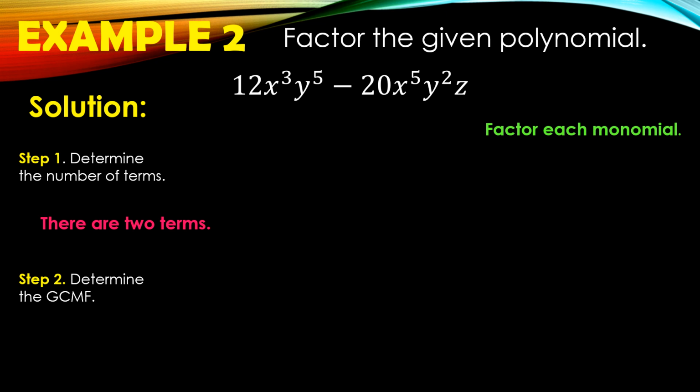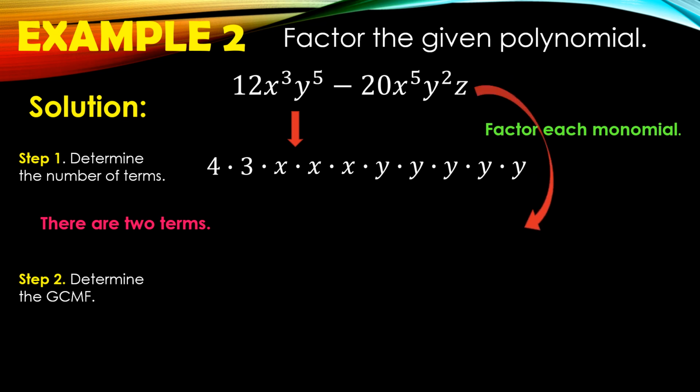Step 2. Determine the greatest common monomial factor. So first, you factor out each monomial. Factor 12x cubed y raised to 5. So the factors of 12 are 4 times 3. And then factor out the variables. X cubed, so there are 3 x's, and y raised to 5, so there are 5 y's.